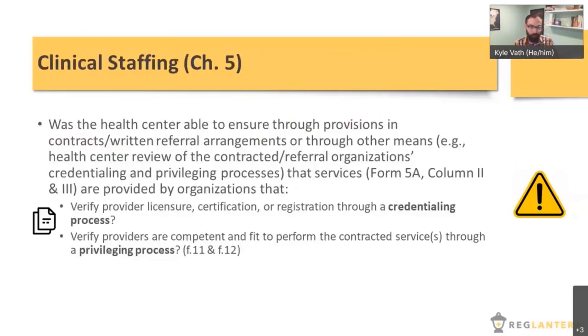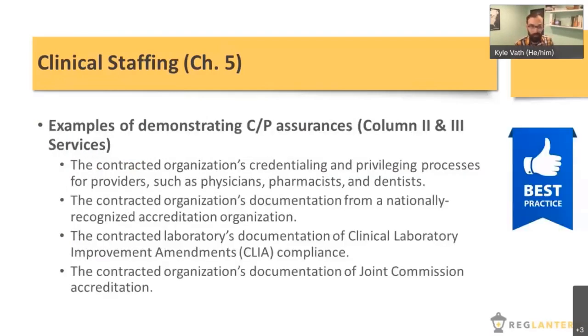All right, this is related to the clinical staffing area, but it does touch on the Chapter 5 clinical staffing area. So for any of those column 2 or column 3 services that are falling under Form 5A, you have to have assurances that they are credentialing or privileging their providers that are providing that service. So one thing that has been clarified in the new site visit protocol is how you can document those services.